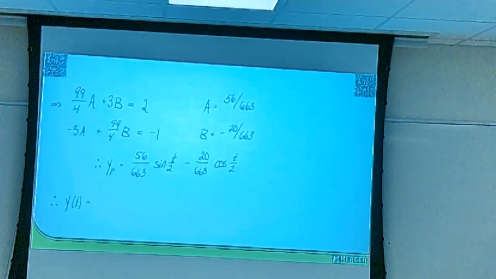Then what is the general solution? And here I think I will write factored.